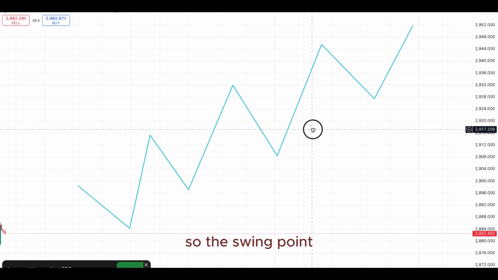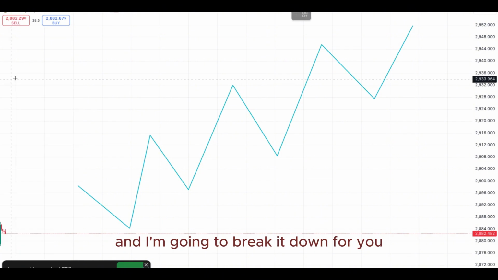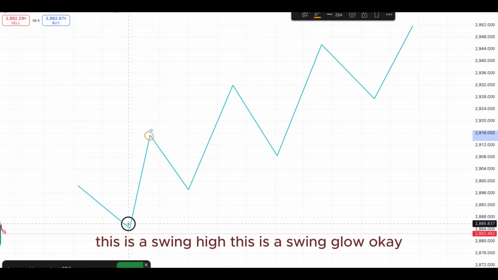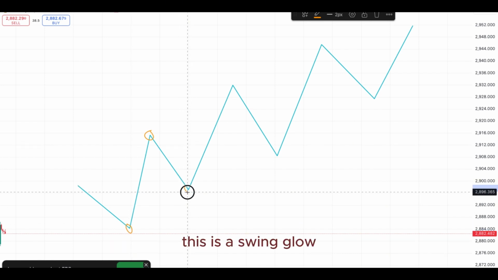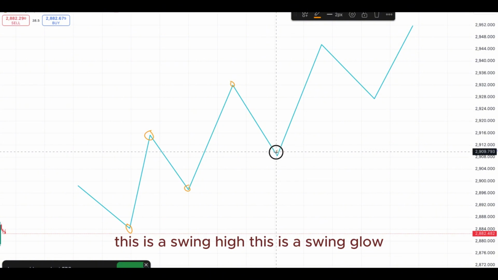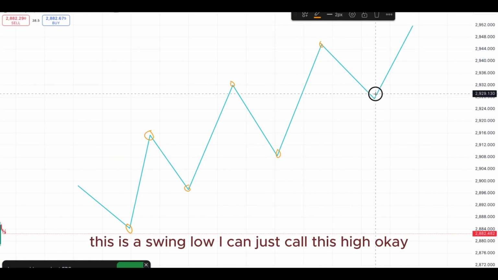So the swing point is actually the swing high and the swing low, and I'm going to break it down for you. This is a swing high, this is a swing low, okay? This is a swing low, this is a swing high, this is a swing low, this is a swing high, this is a swing low.